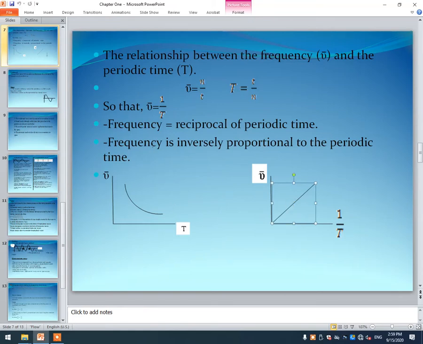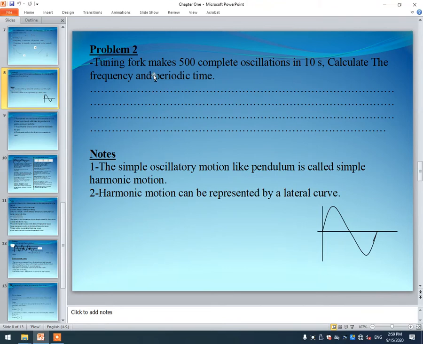Okay, now you know the relation between frequency and the periodic time T. Here, a problem, finally we reach a problem to understand the relation between the physical quantities in this part. This part is very important.